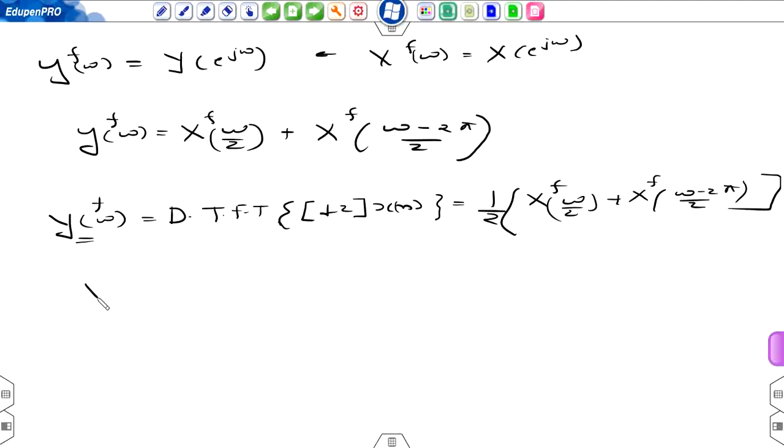Okay, so X(f omega) is periodic, and the time period is 2 pi.